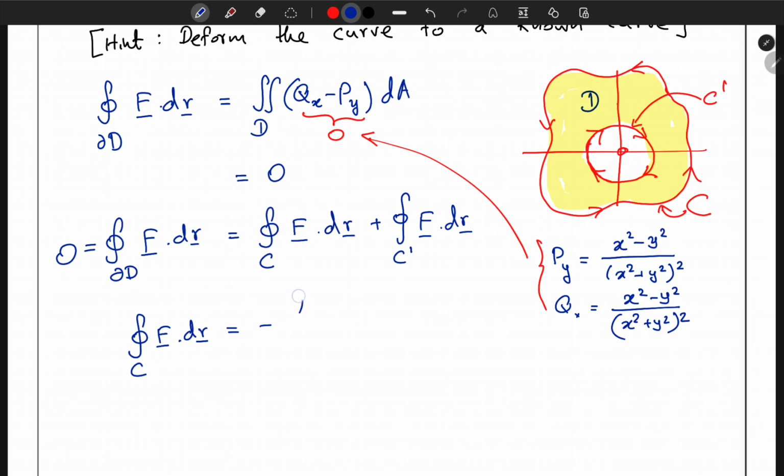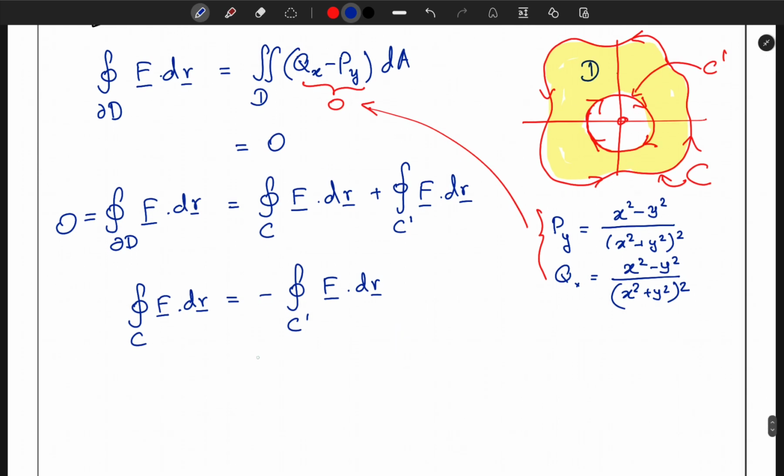is the negative of the integral along C prime. Now, negative along C prime is you take the opposite direction of the curve.